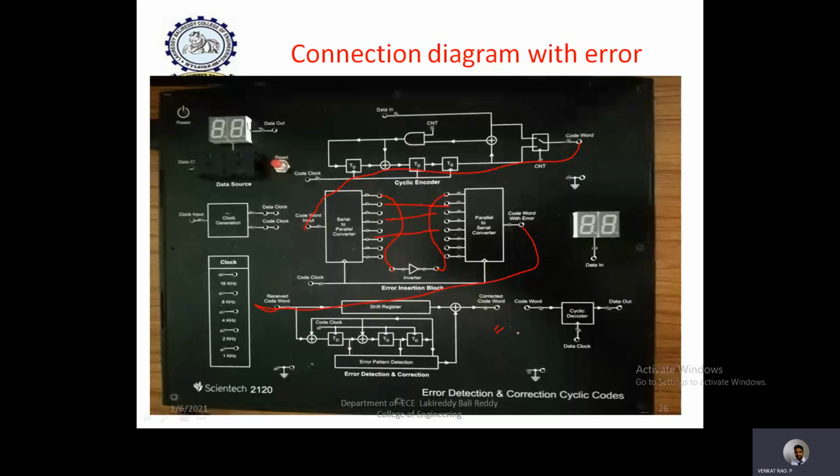So this decoder simply separates here. Okay.